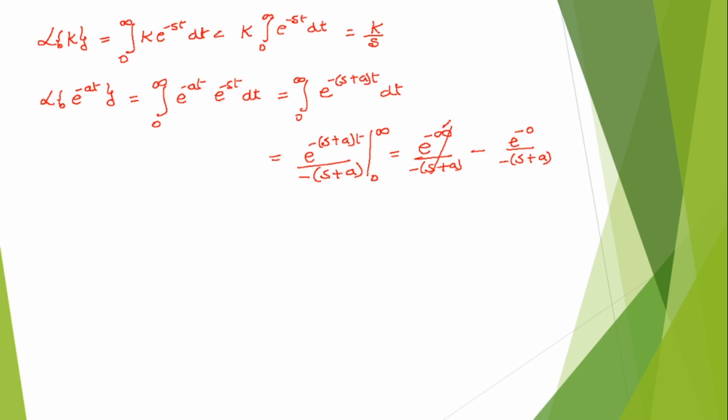So this term becomes 0. Minus of minus is plus, and e to the power minus 0 is equal to 1. So it is equal to 1 by s plus a. So Laplace transform of e to the power minus at is equal to 1 by s plus a.